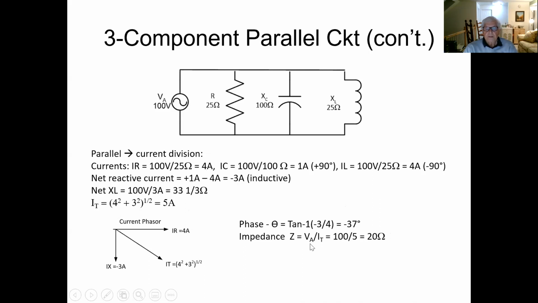And our Z, our impedance, is going to be the voltage at A divided by the total current, which we got from here, which was 5, so it's 20 ohms.